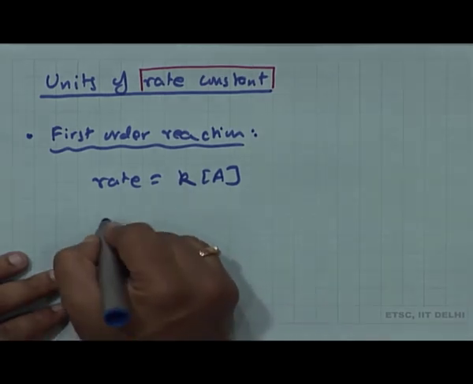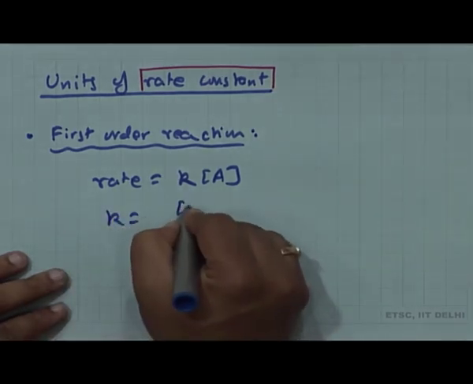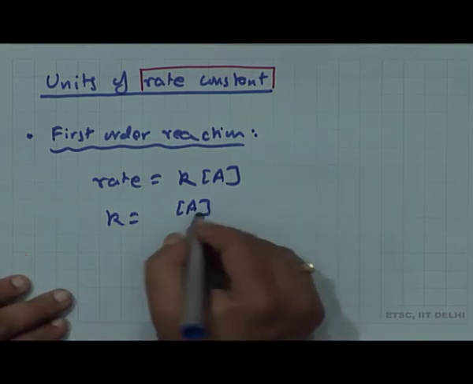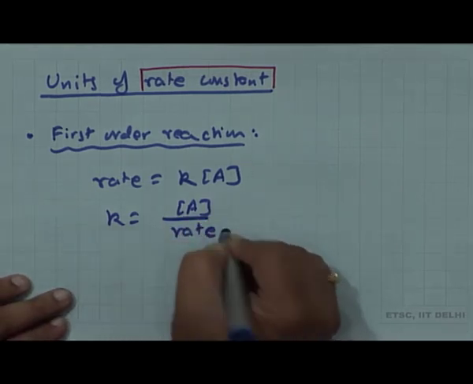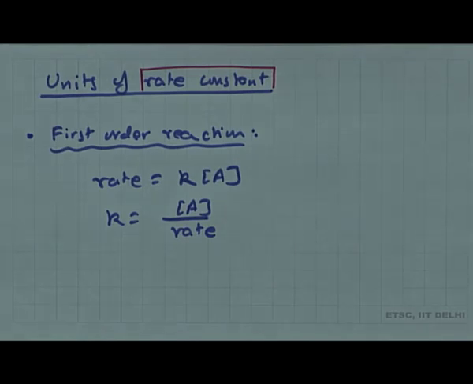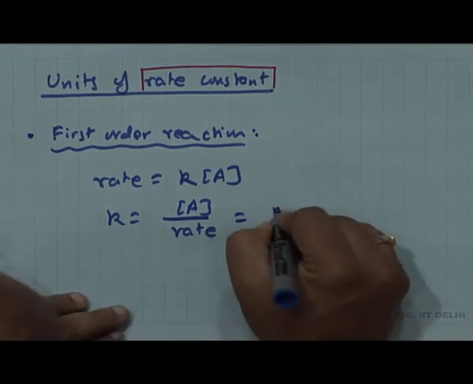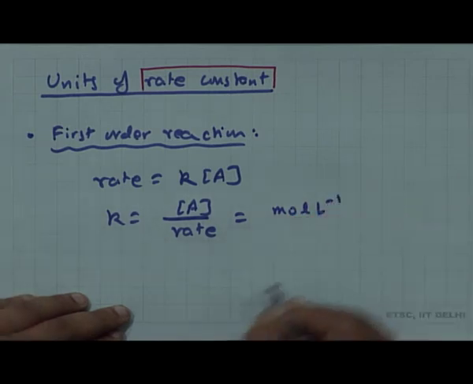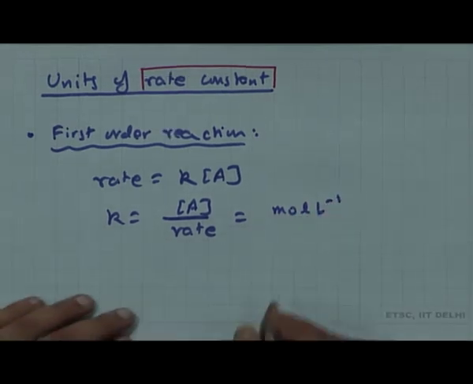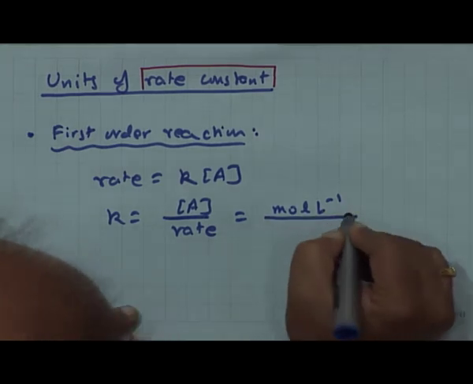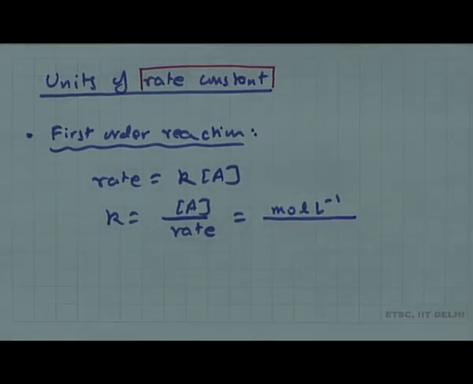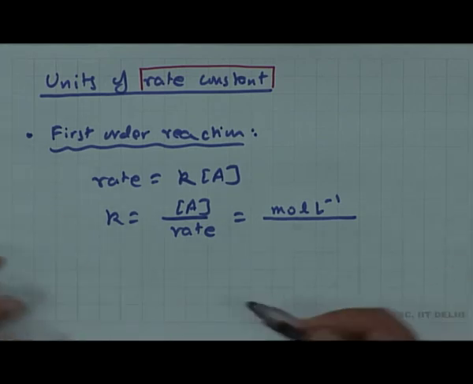So, what is K? Then K is equal to the units, the concentration of A over the unit of rate, right. Now, the concentration of A is expressed in molar concentrations or moles per liter. We know that the unit of rate we just derived before, it is what, sorry, I am extremely sorry, I just had it reversed.